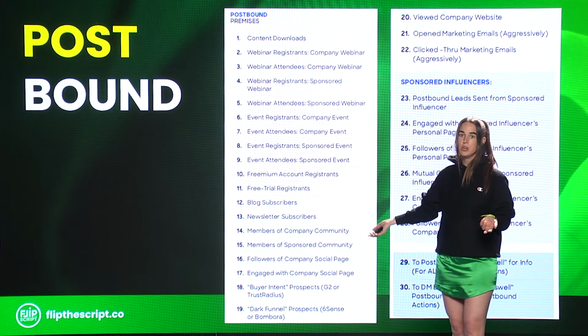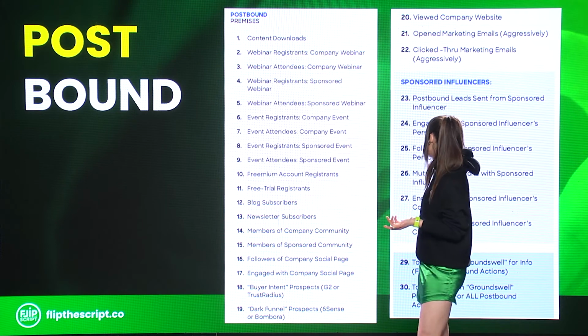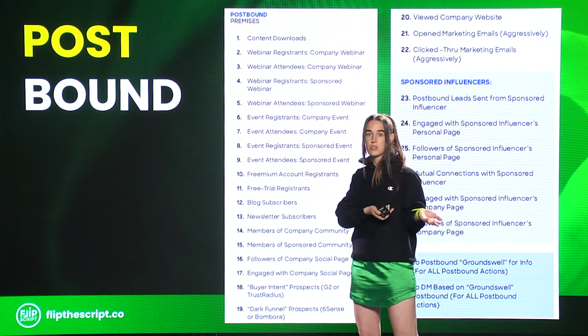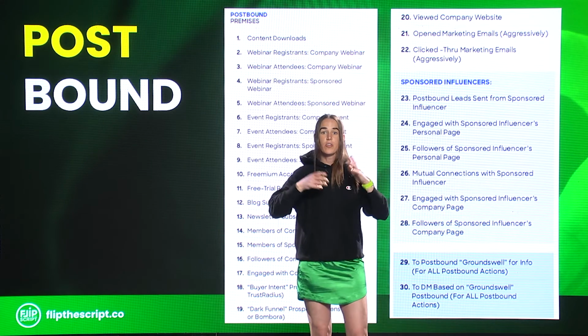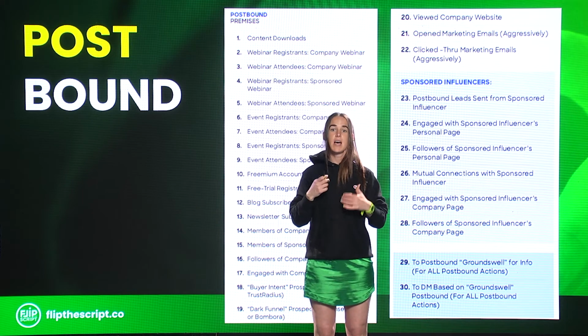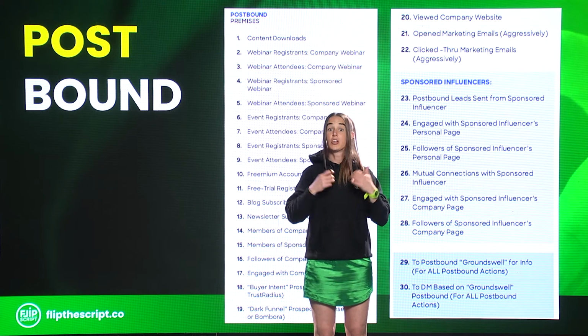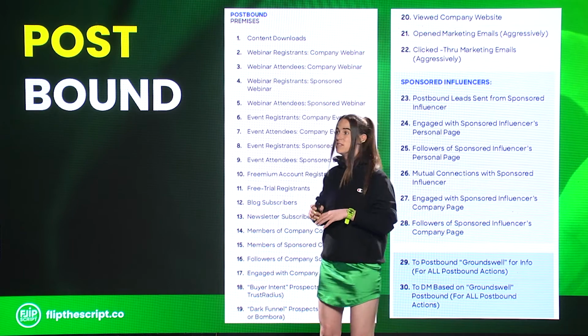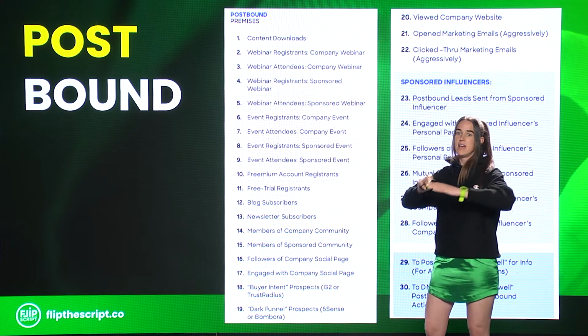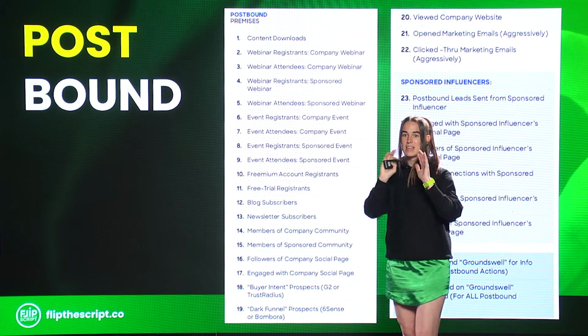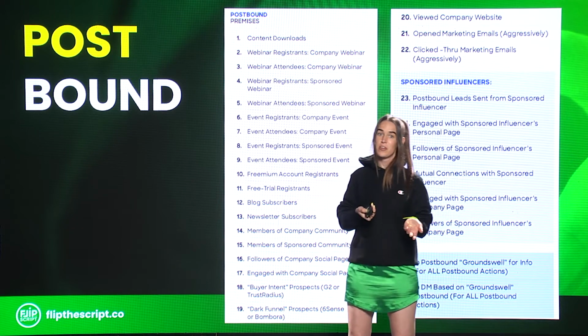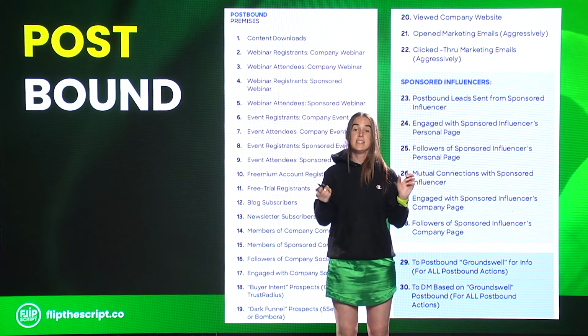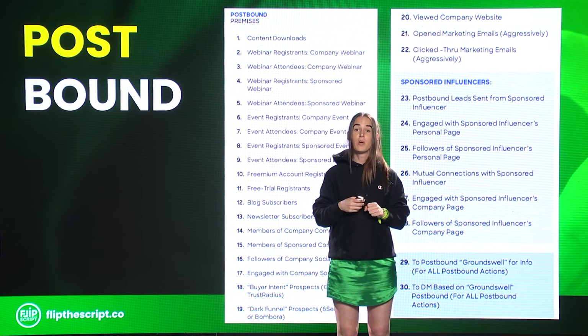Maybe they subscribed to a newsletter, or they follow one of your sponsored influencers on social media. But these are all the plays that you can do where they took some type of marketing action. They took a trigger. And so the relevance is all the people who downloaded content, all the people who attended a webinar, etc. We're going to go into the playbook for that a little bit later. But this is the second type of trigger that someone could run into on trigger-based relevance.